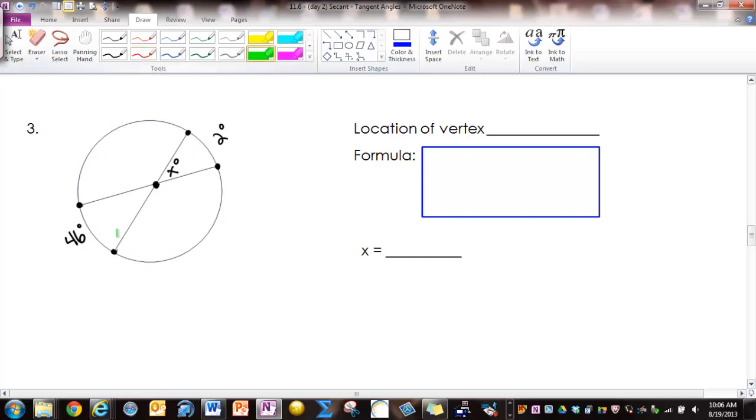Question 3. In question 3, my angle is formed by two chords. Whenever that happens, your vertex is going to be inside the circle.